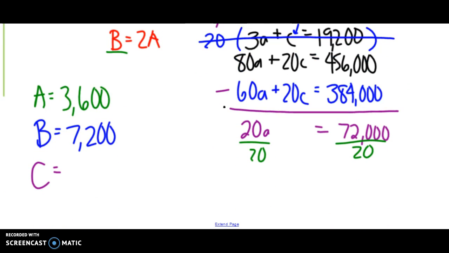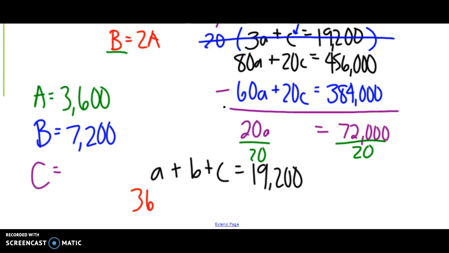So it would be A plus B plus C equals 19,200. Substitute in A and B. So I get 3,600 plus 7,200 plus C equals 19,200. Okay?